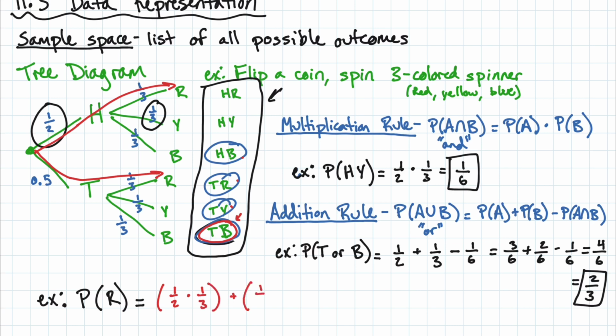And I'm going to take that and do another 1/2 times 1/3. So, like we already figured out, we knew it was going to be 2 out of 6, which is 1/3. But I want you to just see that you're going to have to follow the branches in some of them.